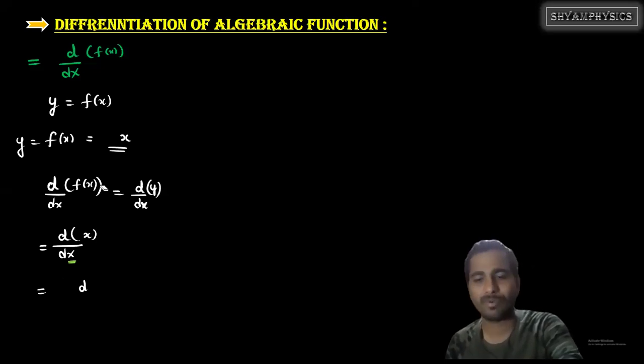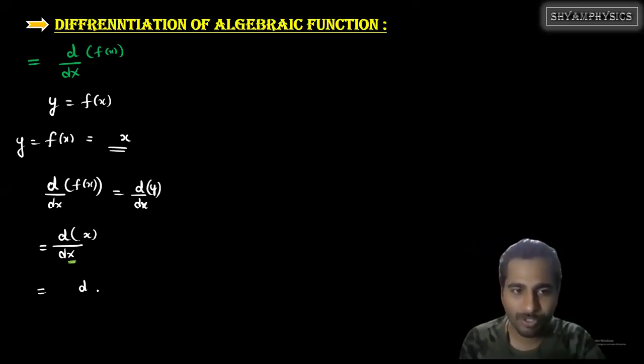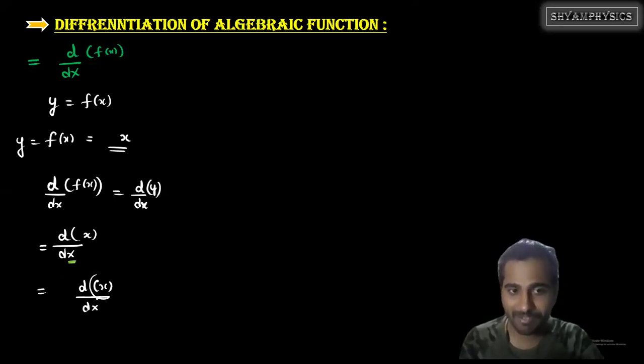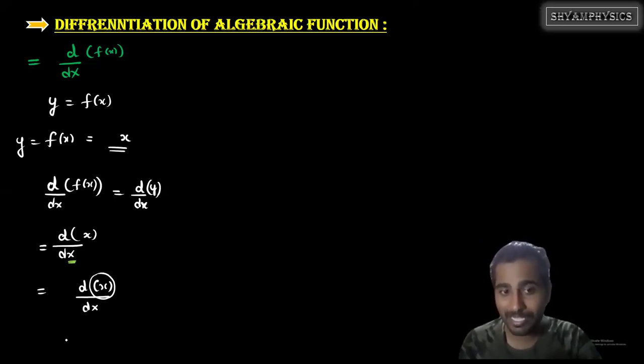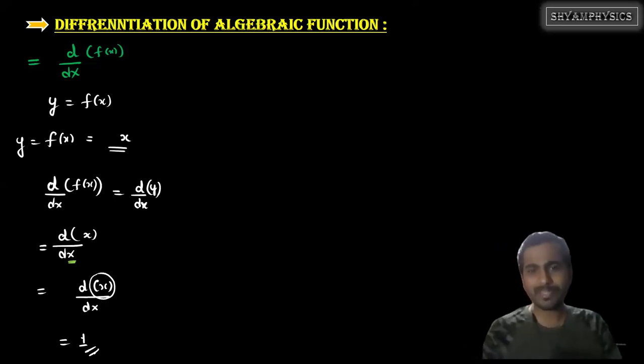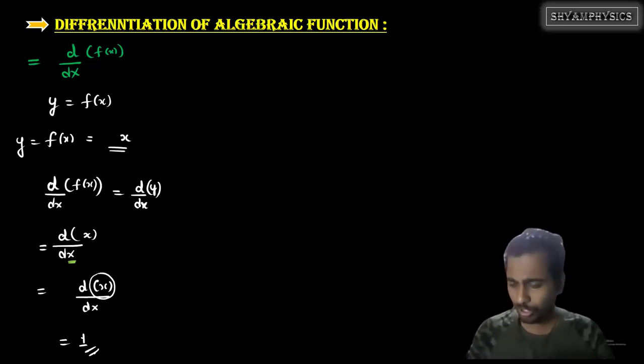What is the value? X. So what do you get here? dx by dx. You need to differentiate this x with respect to x. Basically, it's a standard: differentiation of x with respect to x is always 1. What is that value? 1. Clear? In this pattern, we need to solve the question.